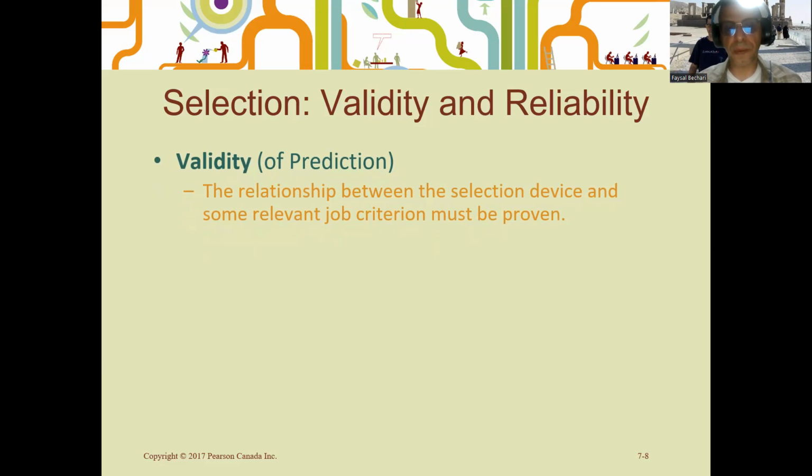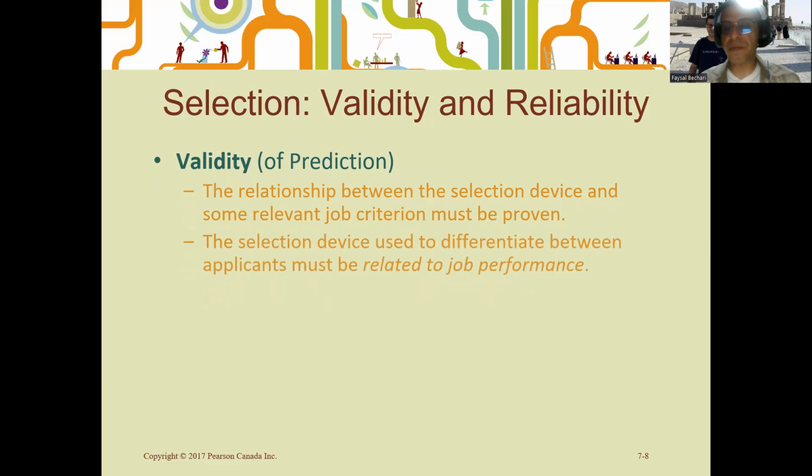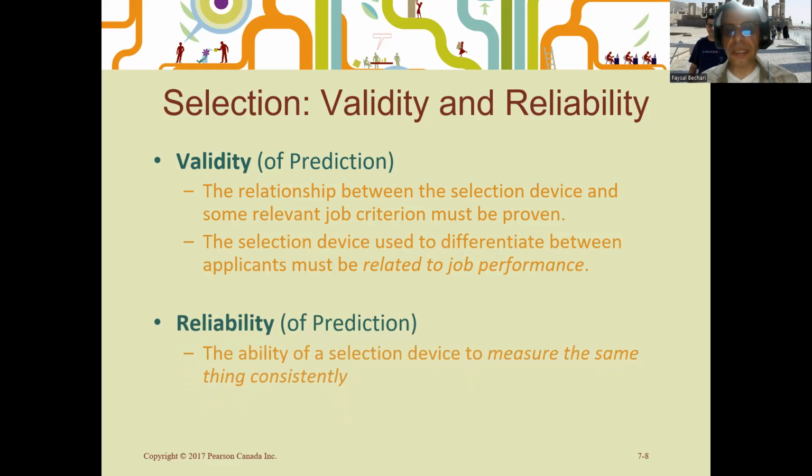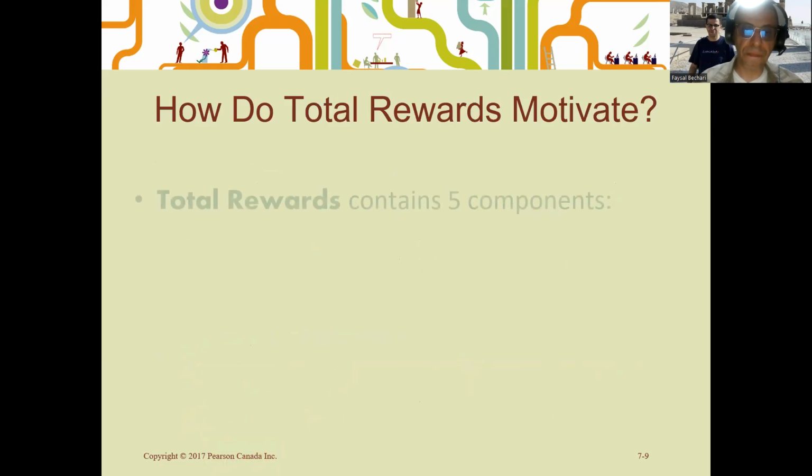I'll explain that more. The selection device used to differentiate between applicants must be related to job performance. Then you have the reliability of the selection device, the ability of the selection device to measure the same thing consistently. No selection device can be effective if it is low in reliability.